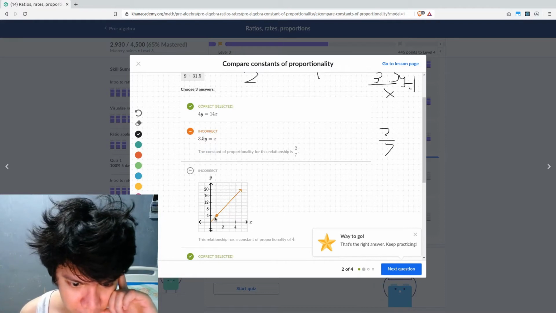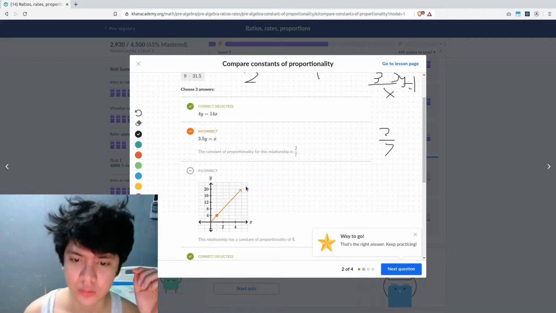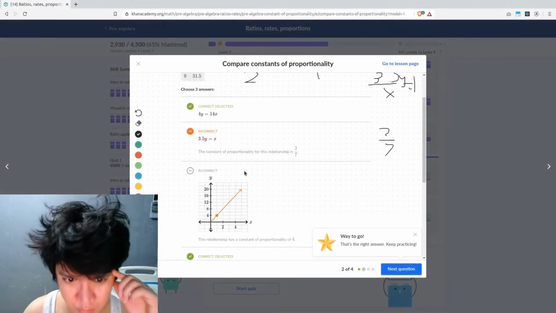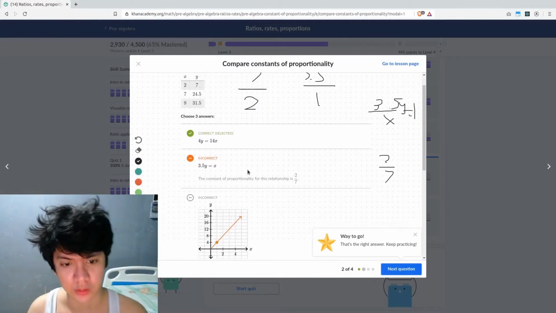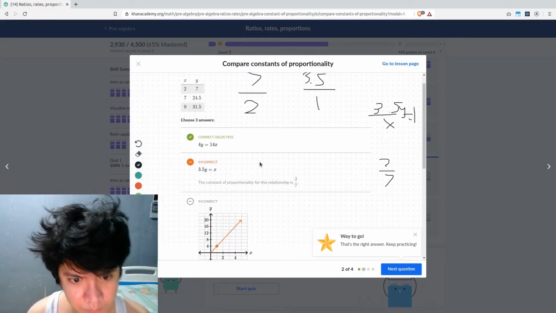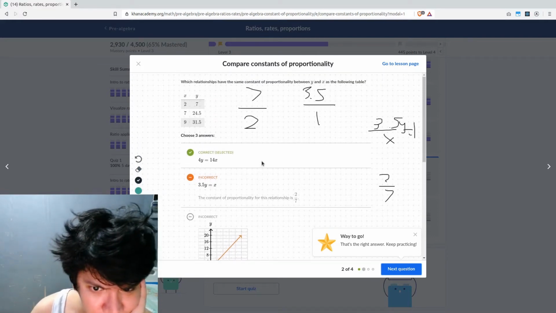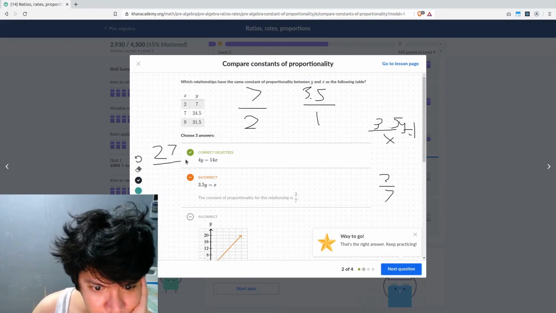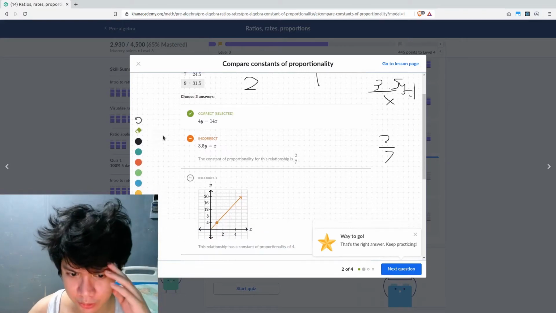I mean, if you plot this 3.5 here, then we have x of 1. That makes sense. It's just insane. I'm not convinced about this.